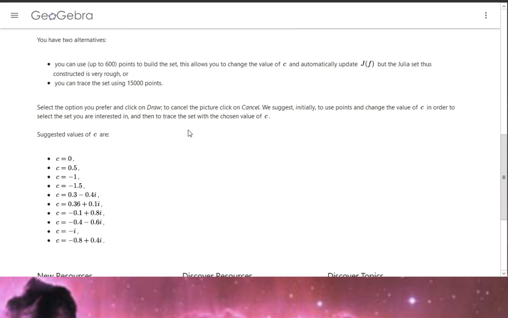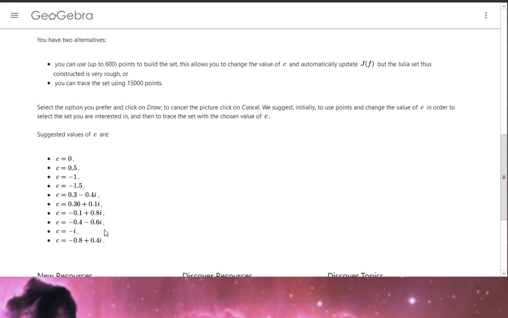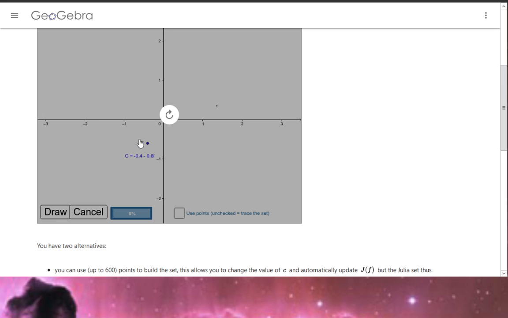The Julia set is the boundary layers of the Mandelbrot set. C is the values that they're using, I guess. Doesn't matter, because you can move this around.